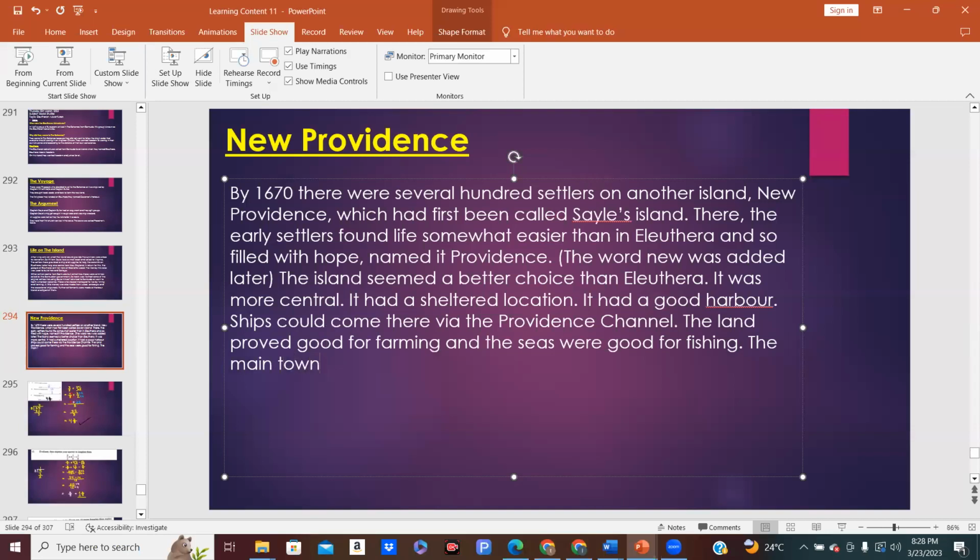The main town on the island was called Charlestown.